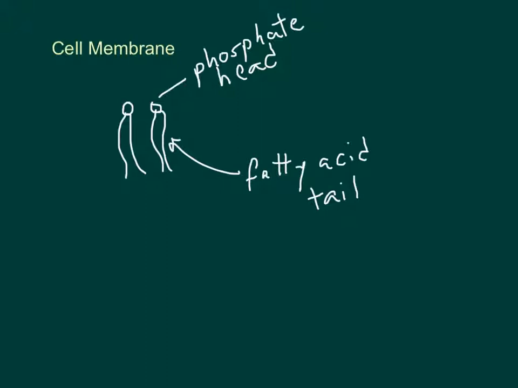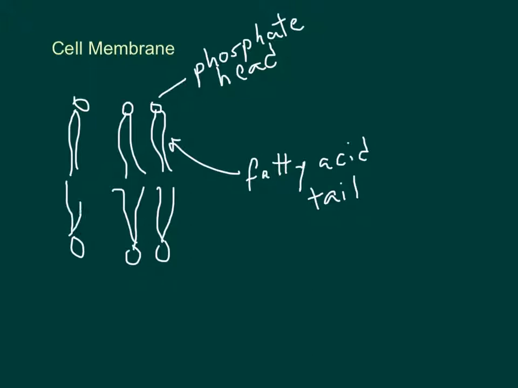Okay, so that's the structure of a phospholipid, and that's the main part of a cell membrane. Now notice how it's structured like this. There's going to be two layers of phospholipids in the cell membrane. Kind of looks like this. I'm not the best artist in the world, but it sort of looks like this.